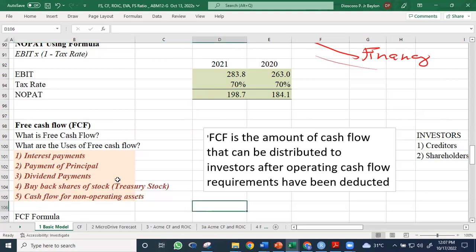Pwede kasi magka non-operating assets. So kasama yan dun sa free cash flow. Okay.